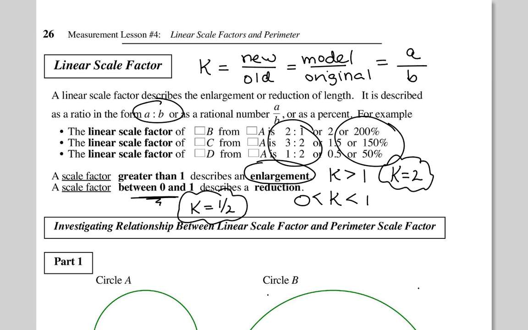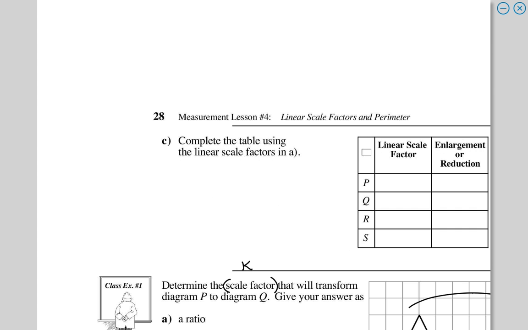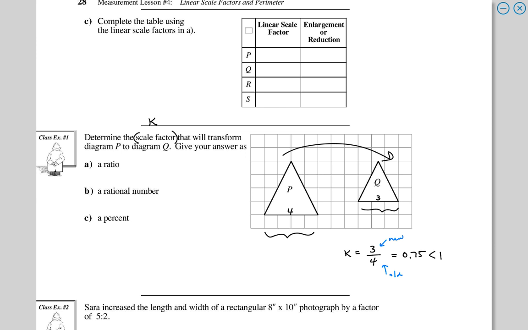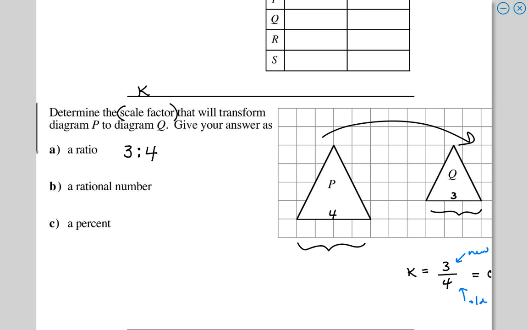All right, so this page here, a couple pages back: do you need to know scale factor greater than 1, scale factor between 0 and 1? You need to know that. Now, back to junior high. A ratio you could write like that, or as a fraction.